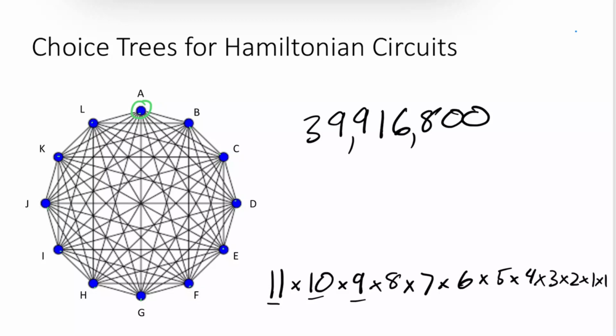So the number of Hamiltonian circuits in this complete graph that are unique is huge. It's almost 40 million. And this number gets even bigger and bigger depending on how many vertices you have. So if you had 20 vertices or something like that, that would be an even bigger number.